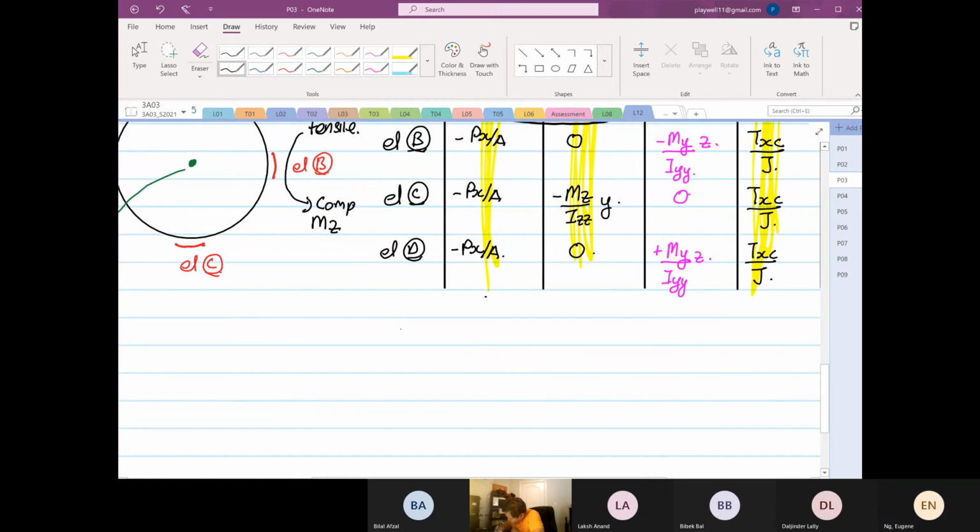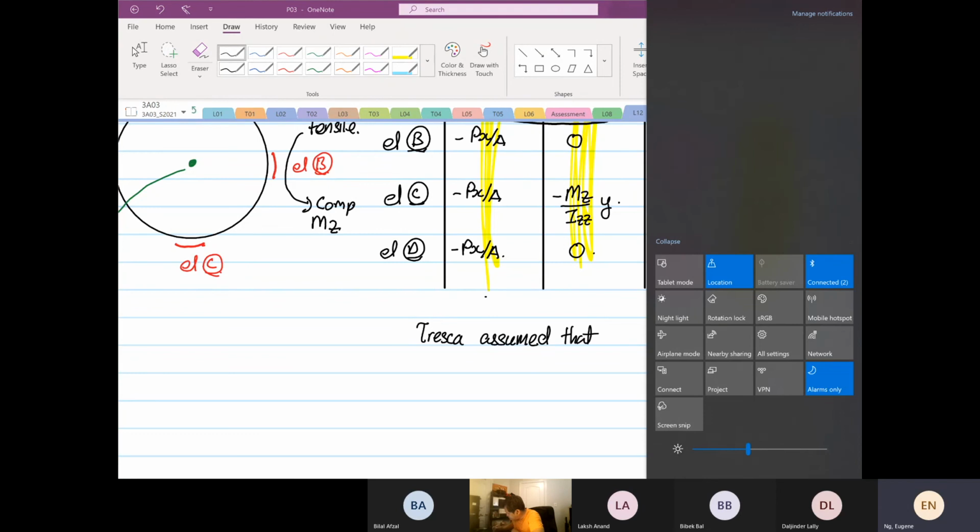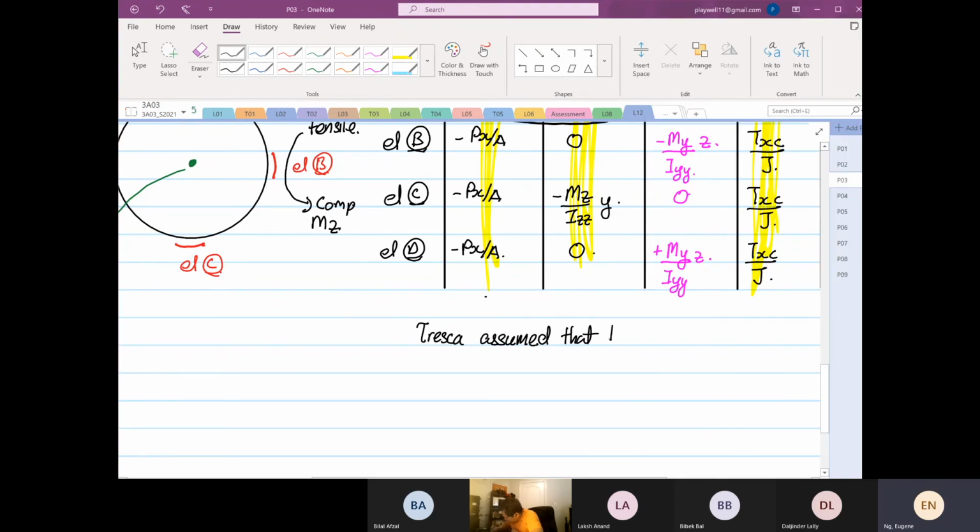Tresca criteria, he made this assumption, that the yield strength in tension or in tensile and compression are the same, or have the same magnitude.